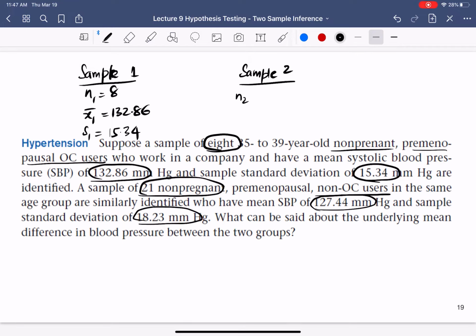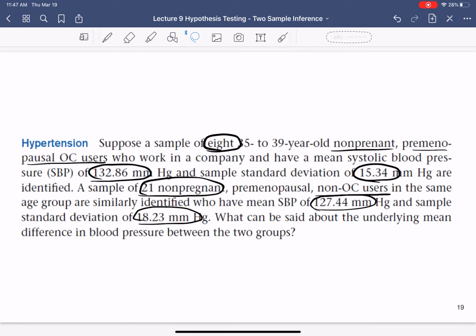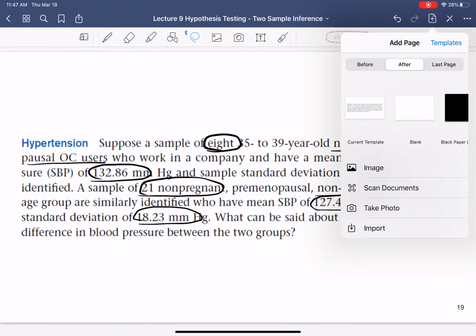So N2 is 21, X2 bar is 127.44 and S2 is 18.23. So these are the values that we have. Let me copy those values and let's use those values.